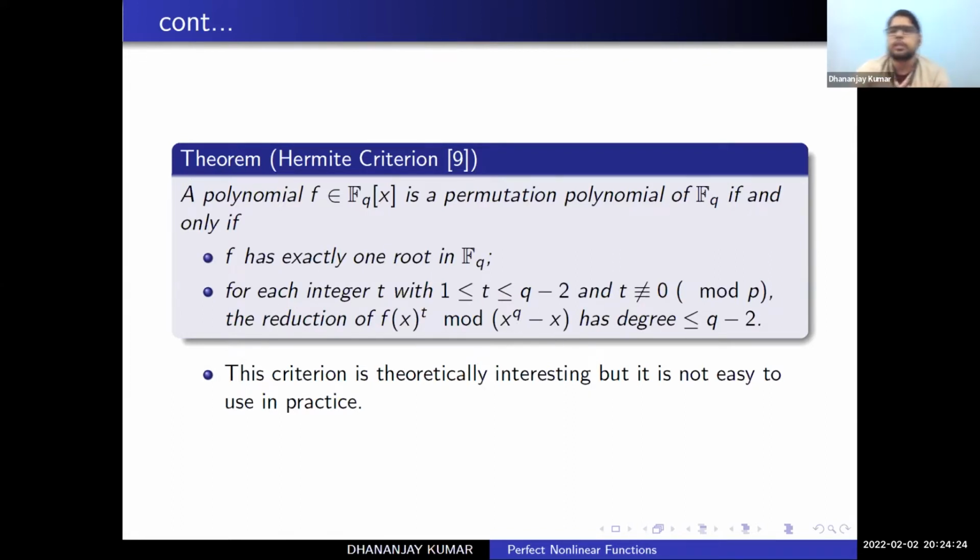If these two conditions are satisfied, then the polynomial will be a permutation polynomial. And actually this criterion is good theoretically, but is not so easy to use in practice.